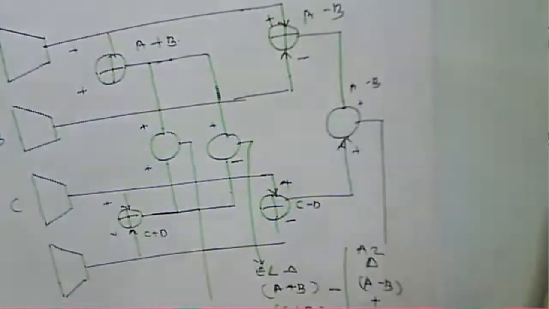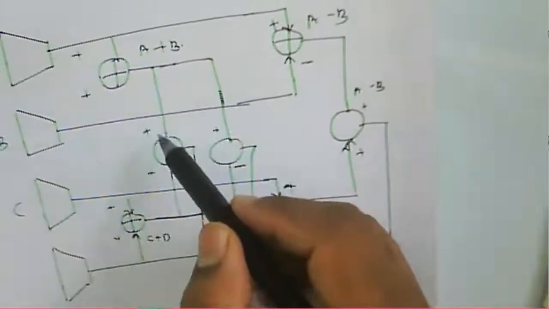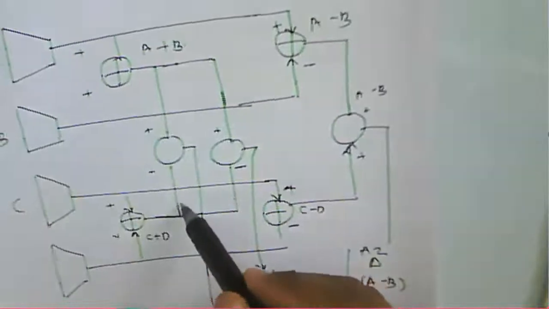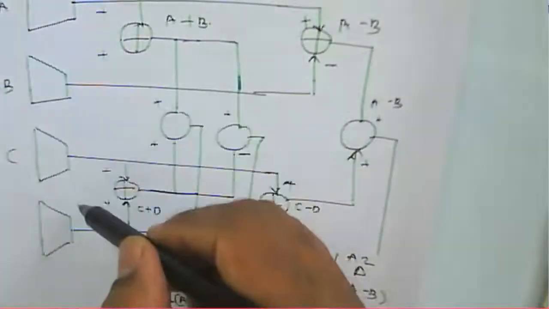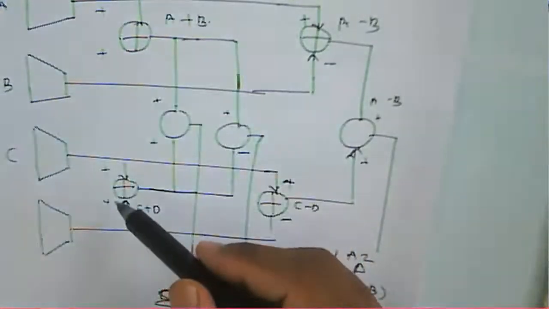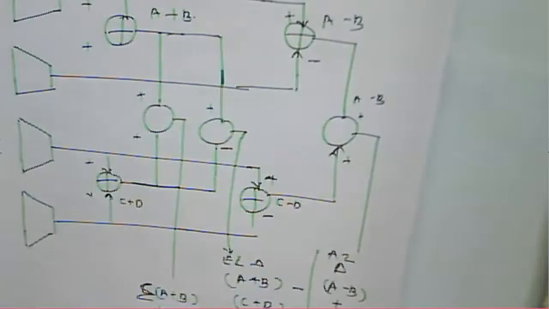So this way we can consider that we have the ABCD. We need to find the sum of all the beams from A and B, and that will give the sum signal, and that sum signal will act as a reference signal in the receiver operation.